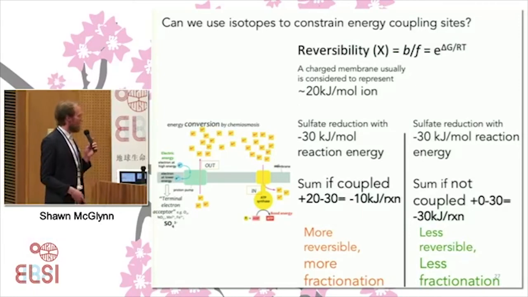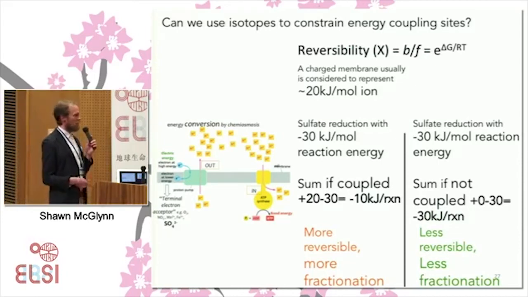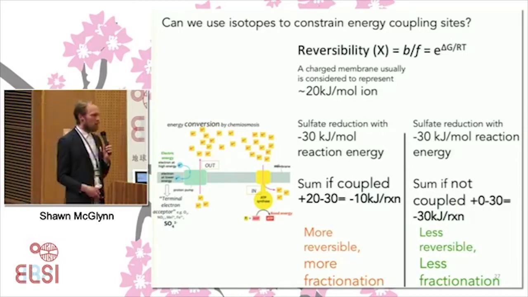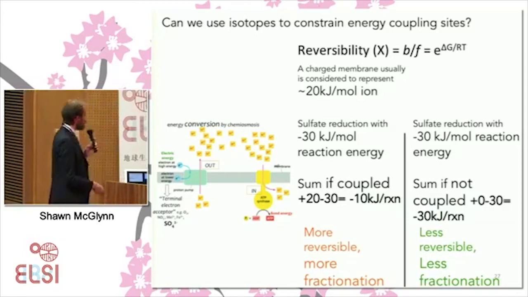I said earlier that these microbes are quite metabolically diverse, and they are, and in fact, we don't have a unified understanding of how electron transfer processes are coupled to energy conservation in these cells, or energy conversion, if you will. To say that simply, we don't know which steps in these metabolisms are coupled to chemiosmotic potential generation.